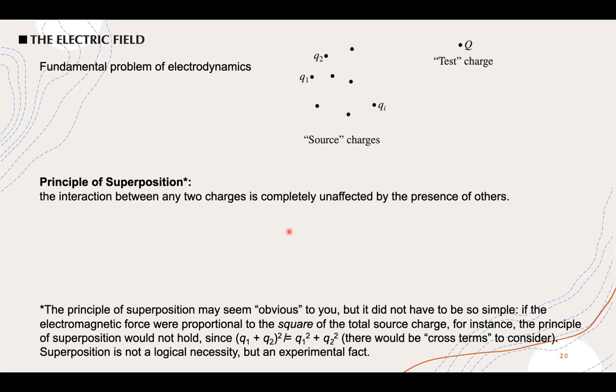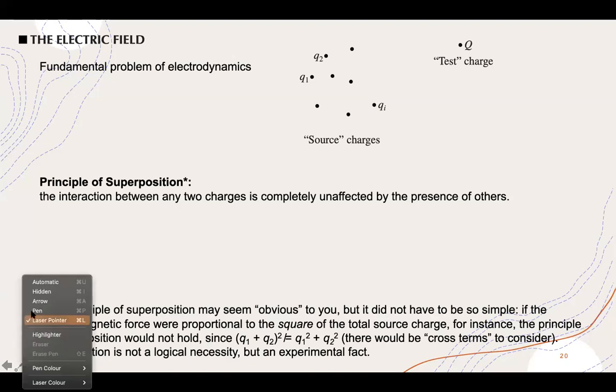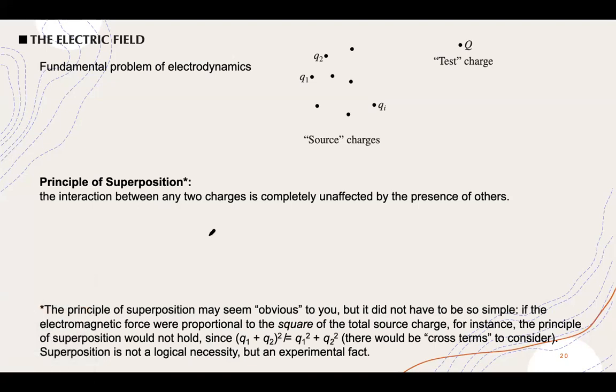However, this is only true if it is obeying the principle of Coulomb's law. Let me write it here, as this is a very important point that one has to understand.